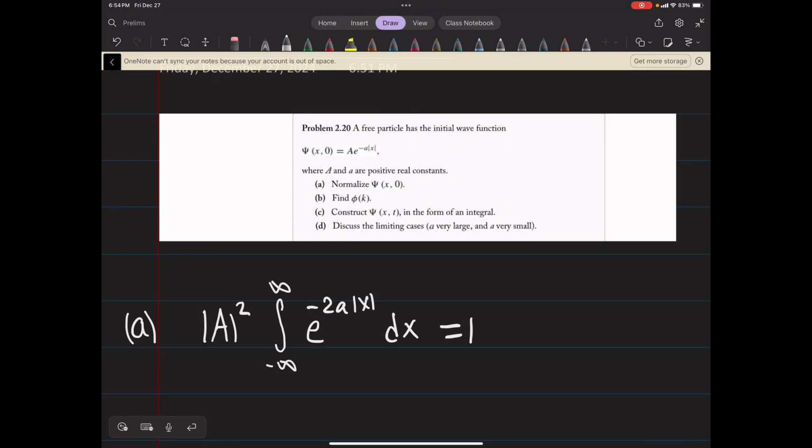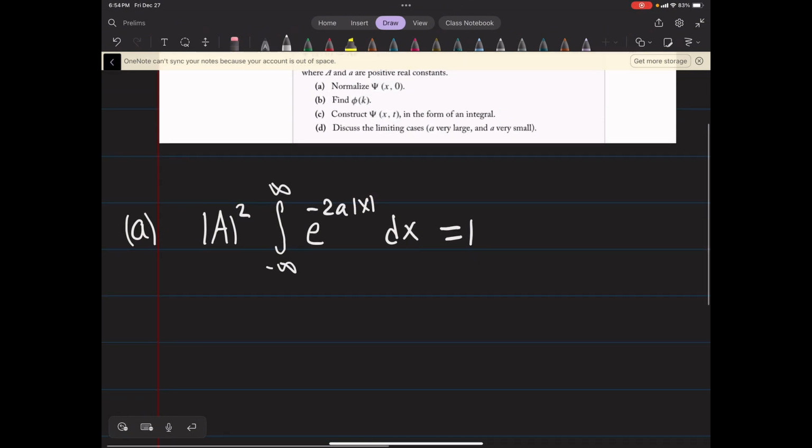Now we can simplify this integral a little bit. If you look at this function, and note that it's equal to f of minus x, because the absolute value will take care of any negative sign, then we recognize this as an even function.